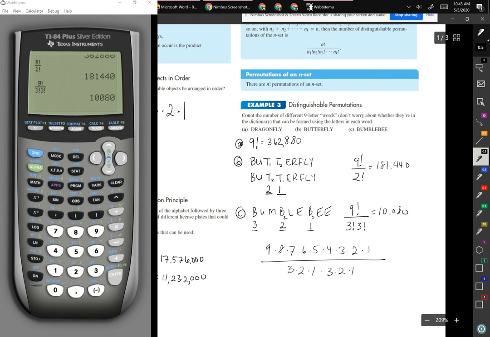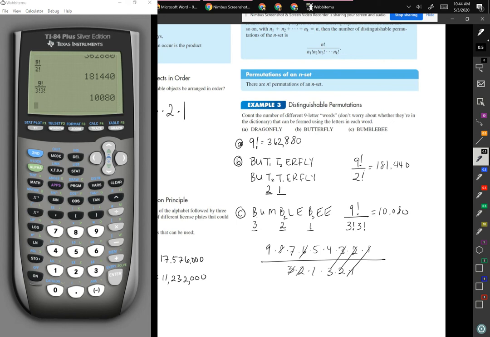But that's not the case, but still, you should still see it. So you can see the 3 and the 2 and the 1 cancel, and then obviously 3 and 2 will cancel with the 6. So at the end of the day, you're really left with 9 times 8 times 7 times 5 times 4. And again, understanding why we're dividing out the factorials, because those are the number of ways you can rearrange the same letter, these repeat letters.